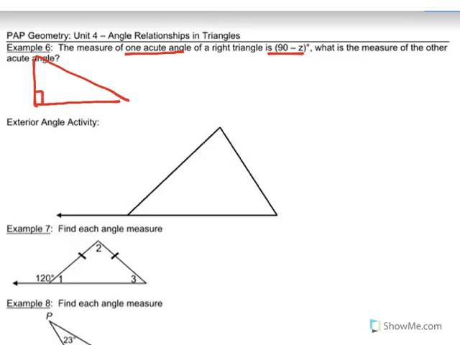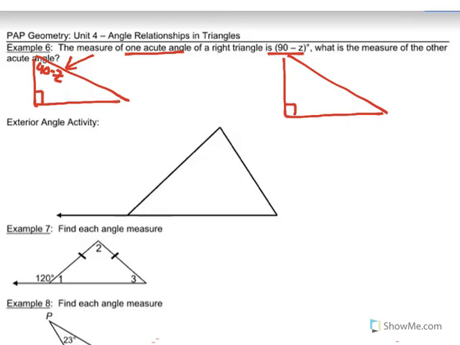And we know that the measure of one of these is 90 minus z. Now, what I'm going to do is do another example, and we're going to actually put some values because we don't know what z is in this problem. Didn't tell us anything about z, did it?